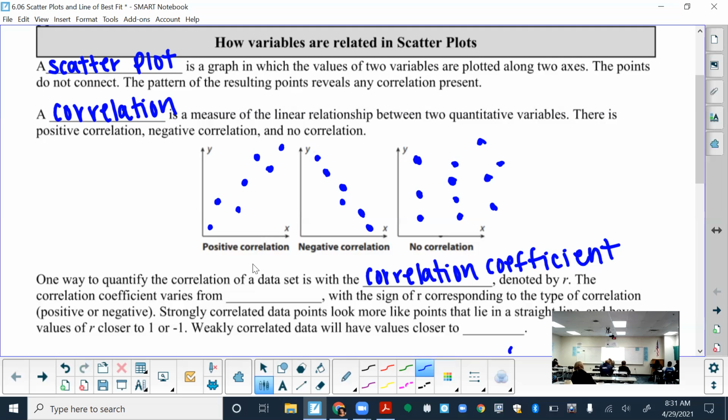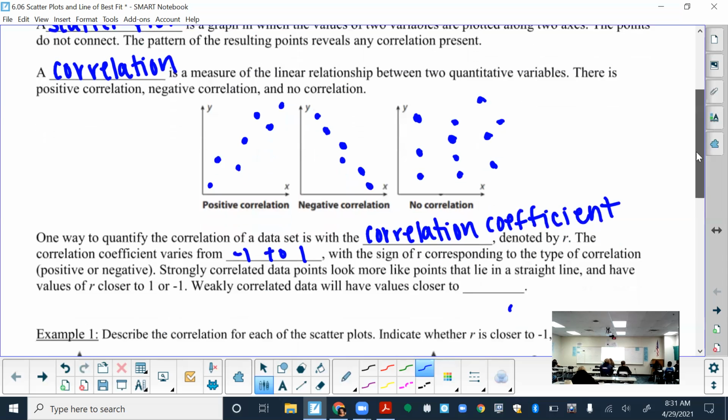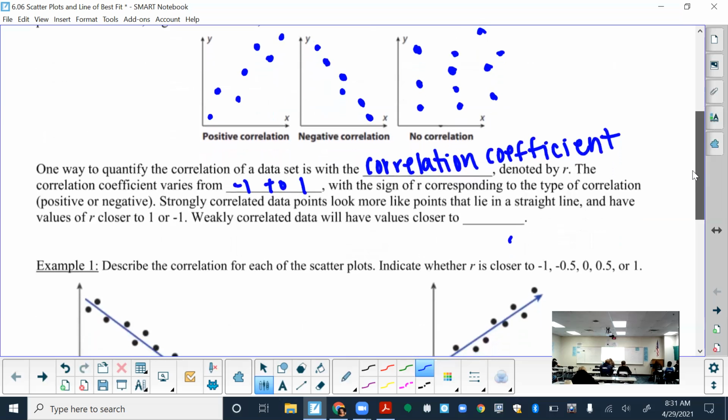And it varies from -1 to 1. We use that value a lot in forensic science to determine if our data can be used, if it's actually useful.